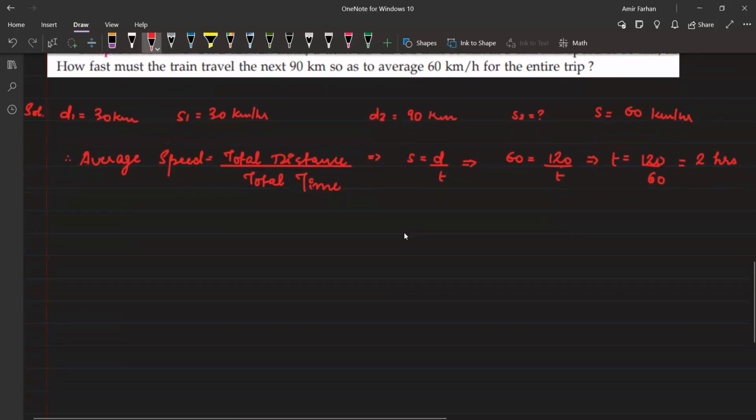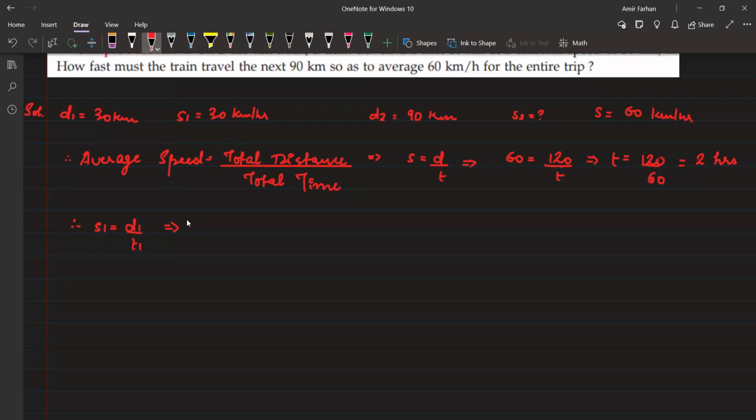Now, very good. Let's calculate the individual time. The next thing is S1 equals D1 by T1.